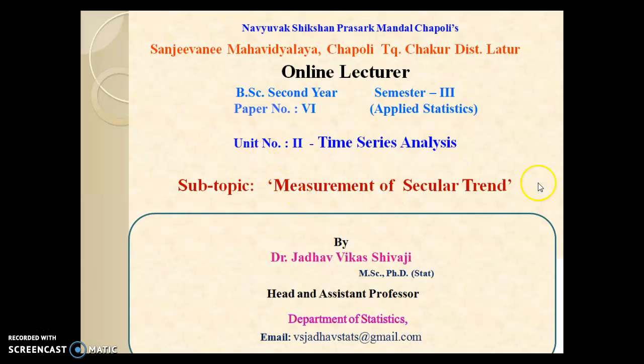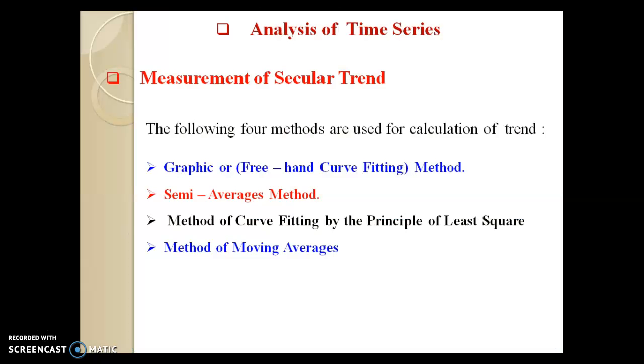Today's topic is measurement of secular trend, or simply trend. In the following section, we shall discuss the various techniques for the measurement of different components. First one, measurement of secular trend.